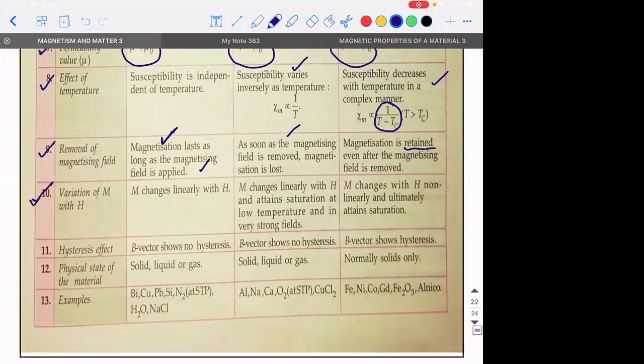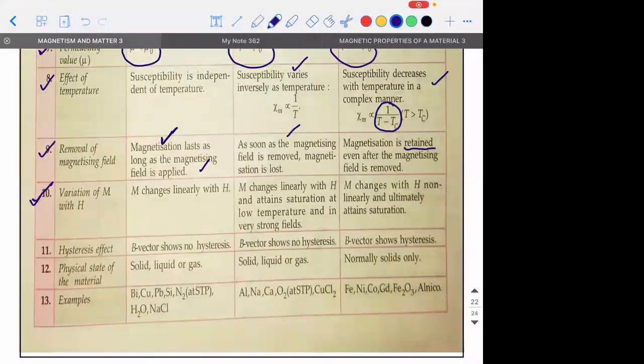Variation of M versus H. What does M stand for? M stands for magnetization. H stands for magnetic intensity.